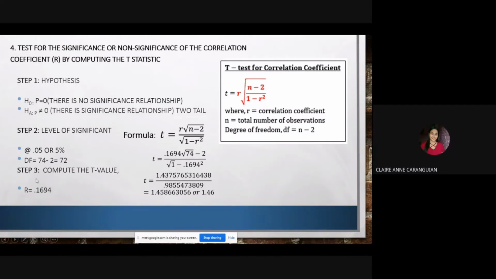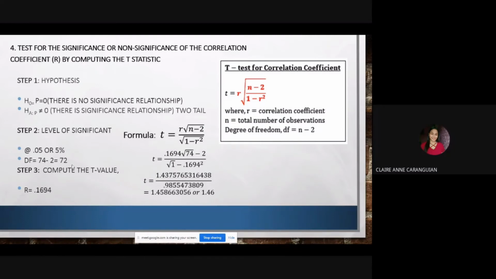And yung DF or degree of freedom, formula natin is DF is equal to N or number of sample less 2. So, dito, yung number of sample natin is 74 less 2 is equal to 72. Then, step 3, by computing the t-statistic. Compute the t-value.